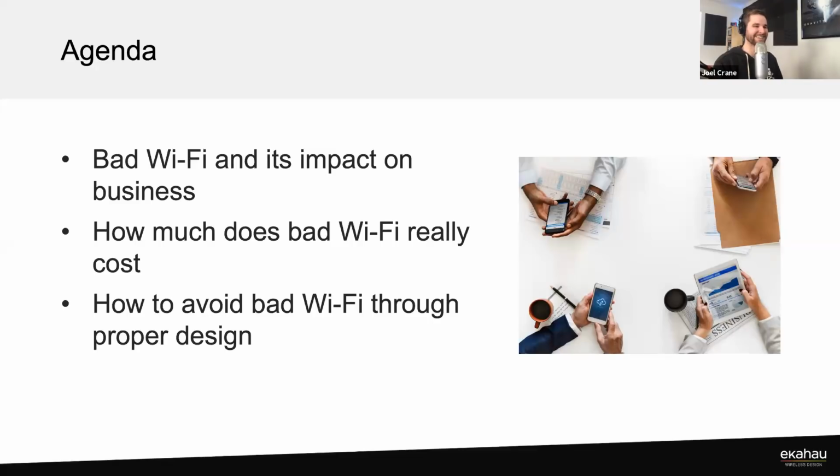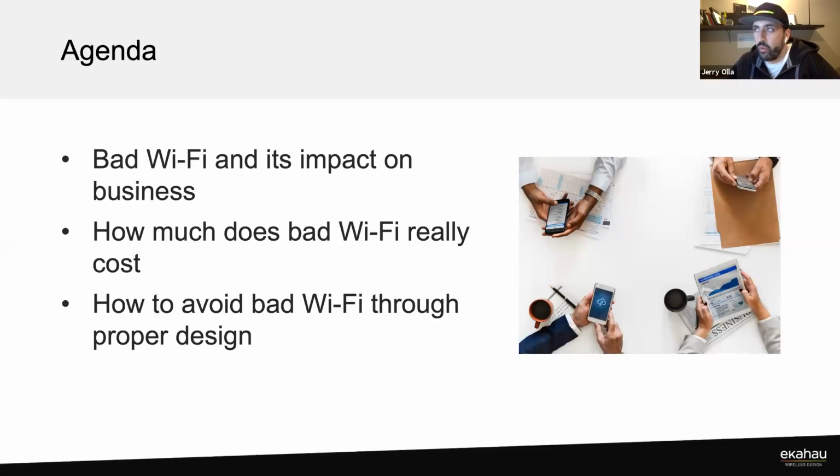Perfect. All right, let's get into this. Here's our agenda for today. We're going to focus on three main topics, and hopefully you find some value in these. The first is bad Wi-Fi and what the real impact is on a business or organization. It's beyond just an inconvenience nowadays. In the past it was just, oh, we've got Wi-Fi or we don't.